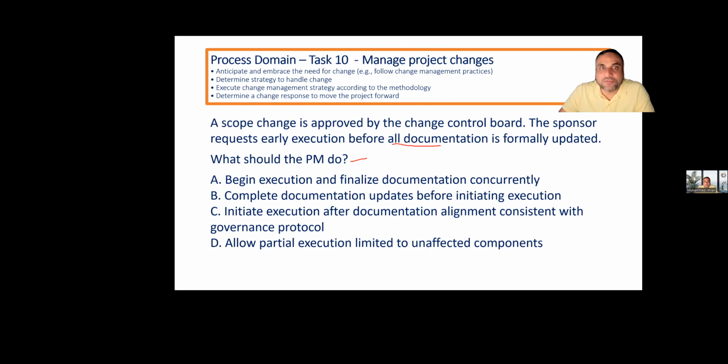Initiate execution after documentation alignment consistent with governance protocol. Allow partial execution limited to unaffected components. Begin and allow? You are no one to decide, right? You never have this authority to do that.